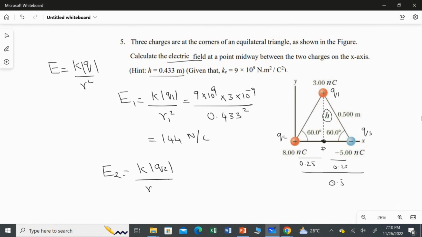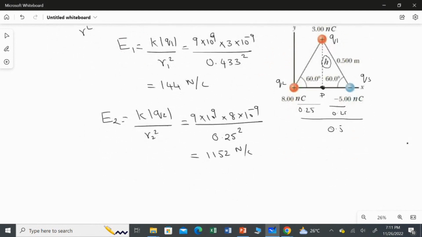So for R2 square, we substitute the value. 9 multiplied by 10 power 9 multiplied by the second charge, 8 nanocoulomb, 8 multiplied by 10 power minus 9, over the distance between charge 2 and point P, 0.25 square. Let's see the answer. I got 1152 Newton per Coulomb. Clear?